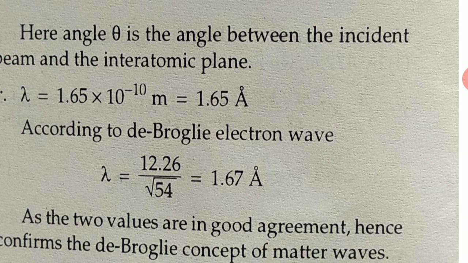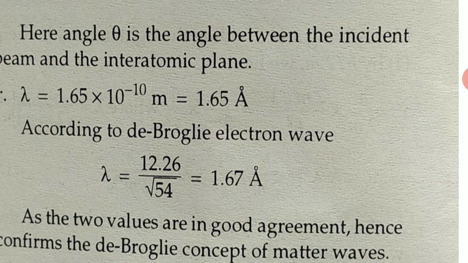Here angle theta is the angle between the incident beam and the interatomic plane as shown in the above diagram. Therefore, lambda is found to be 1.65 into 10 to the power minus 10 meters, which can be written as lambda is 1.65 angstrom units.